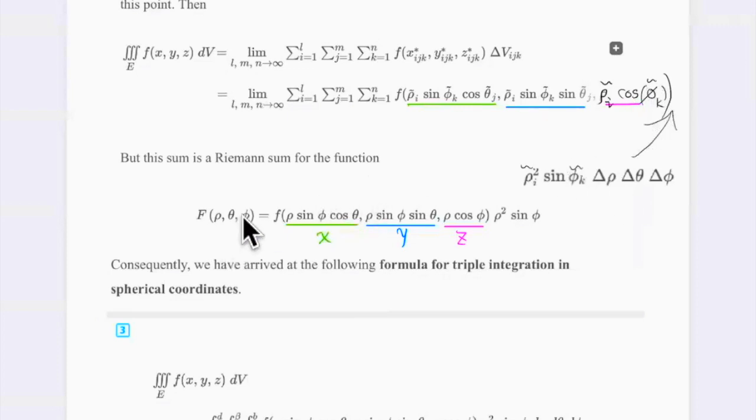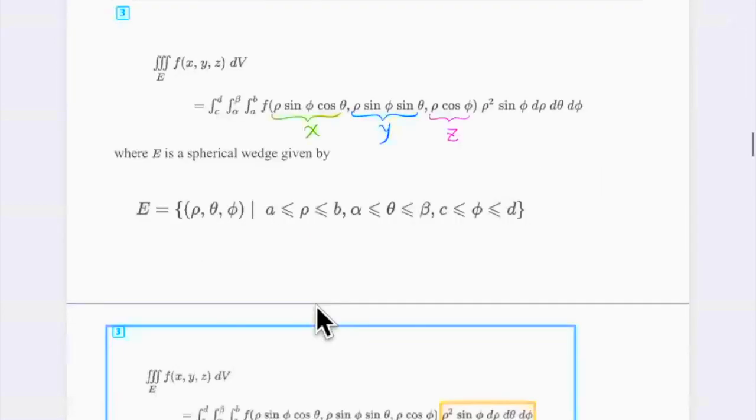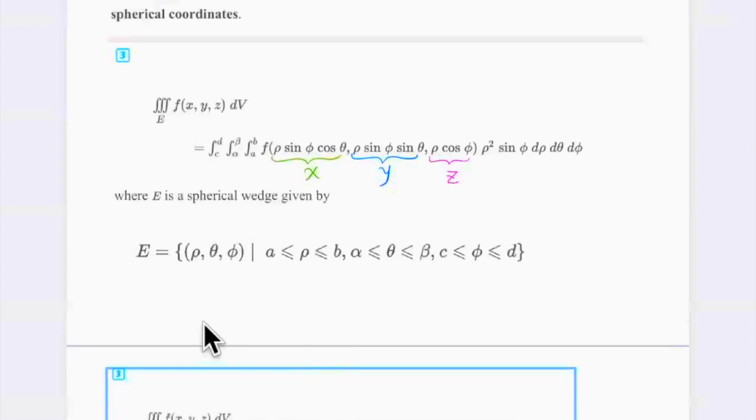So that sum here is a Riemann sum for this function f of rho times sine of phi times cosine of theta, rho times sine of phi times sine of theta, rho times cosine of phi, and here will be rho squared, here will be sine of phi. So therefore, we come up with this formula for triple integration in spherical coordinates.